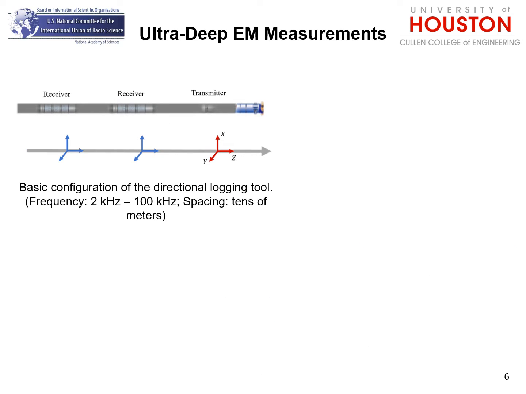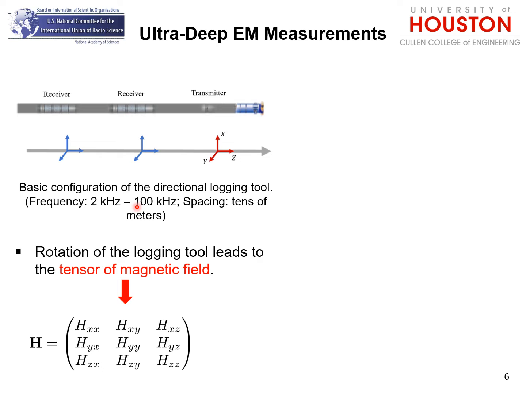The logging tool used to acquire measurements in our study is configured with one transmitter and two receivers. The work frequency ranges from 2 kHz to 100 kHz. When the tool operates, a 9-component tensor of the magnetic field can be obtained, based on which the measurements for inversion can be calculated following the standard formulas.